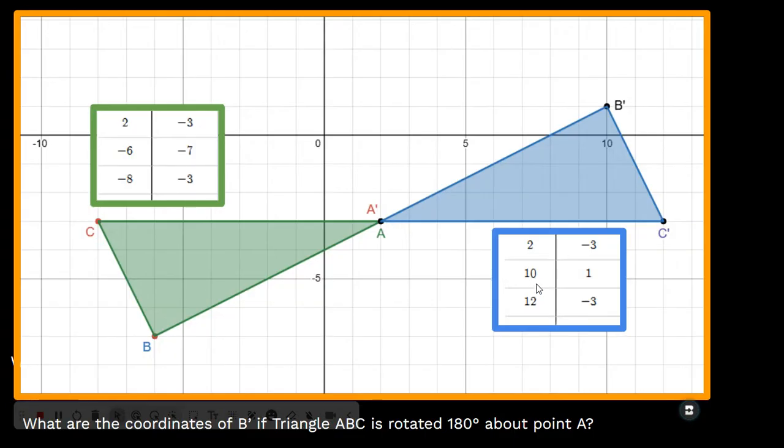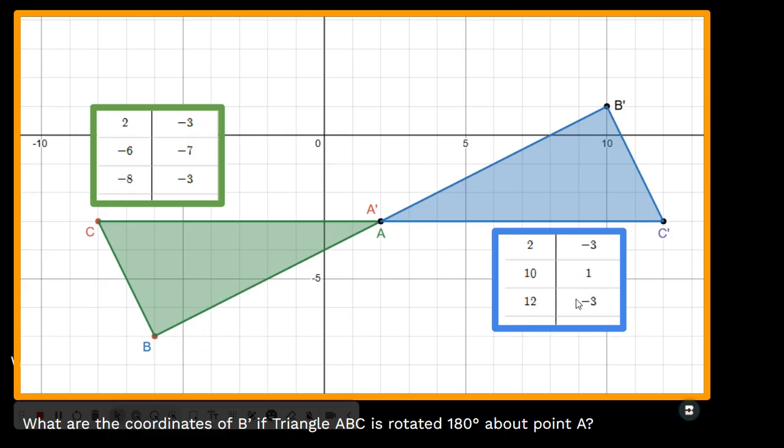Our B prime is located not at that 8, 4 that we looked at before, but on the actual graph when we actually locate, and how many times can I say actually, friends, when we graphed it from our point 8, remember we counted 8 right, up 4 on the actual graph, because remember, origin is located here. Our final point is right 10, up 1.